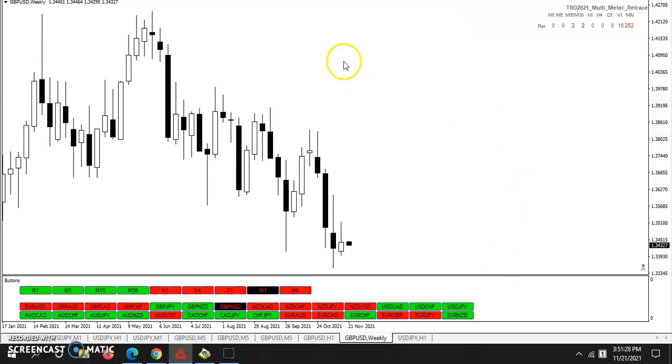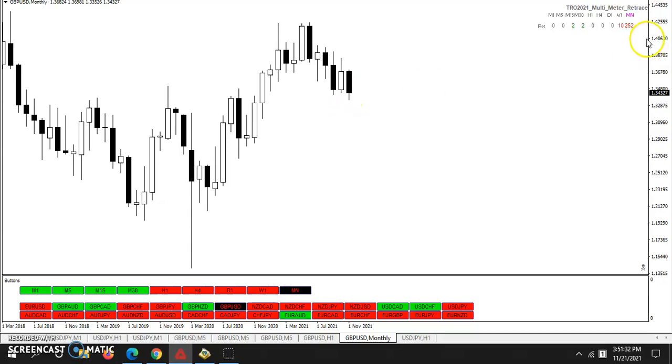So it's retracing. But you see on the monthly, we've had a down break. And what that means is we have gone below the previous month's low. So we've retraced from the close all the way down below the low, and that's why we have the down break color. So once again, pure price action.